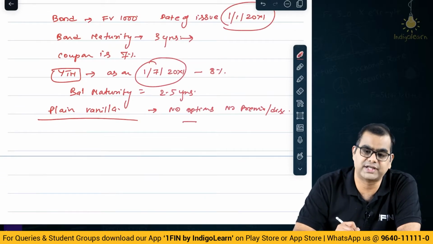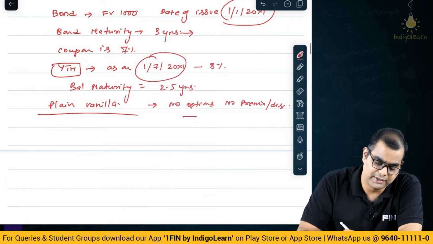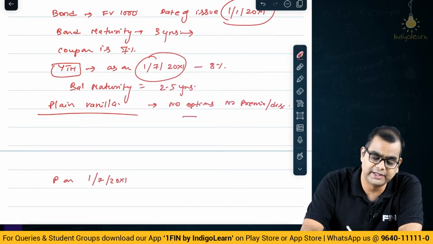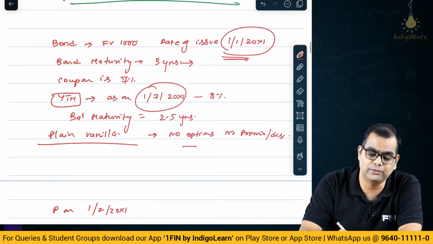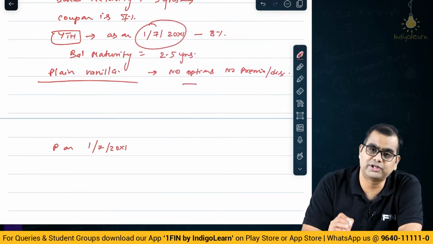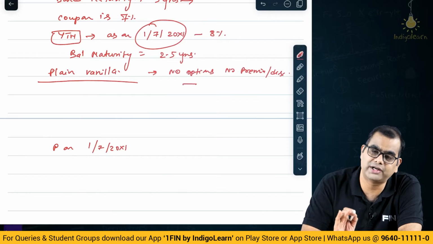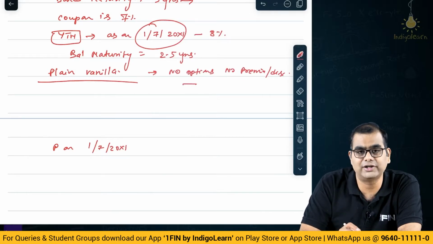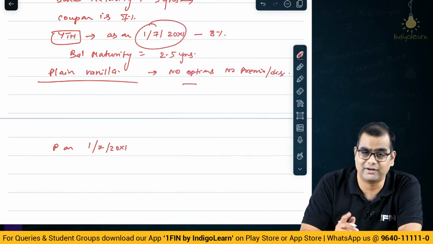Now, in this kind of a scenario, how do you price the bond? Price on 1/7/20x1. They are not asking you the price on date of issue. On the date of issue, typically you will price the bond in such a way that the face value is equal to price of the bond, so that your yield and coupon are same. What do I mean by that?